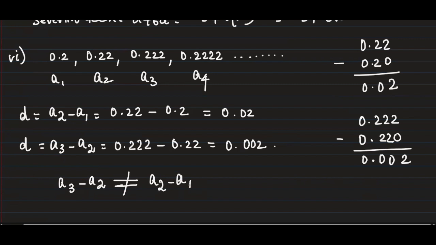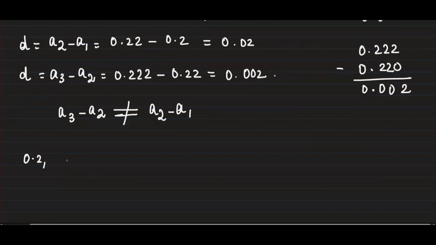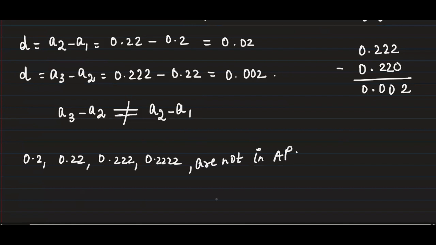Clear? Here the D value is not the same. What is the conclusion we will give? We will say the series 0.2, 0.22, 0.222, 0.2222 is not in AP because the common difference is not equal.